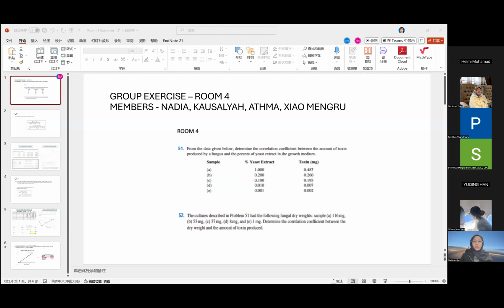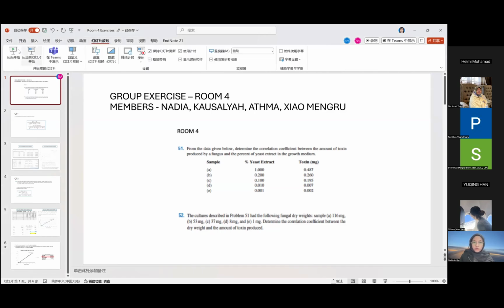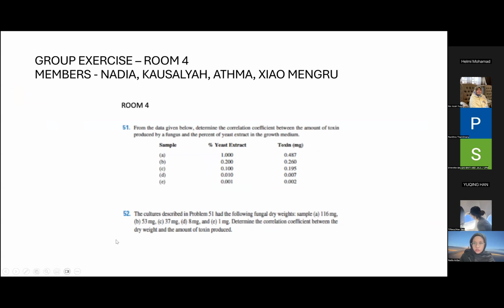Okay, for the group exercise of room 4, we are given these two questions. From the data given, we are to determine the correlation coefficient, R, between the amount of toxin produced by a fungus and the percent of yeast extract in the growth medium.